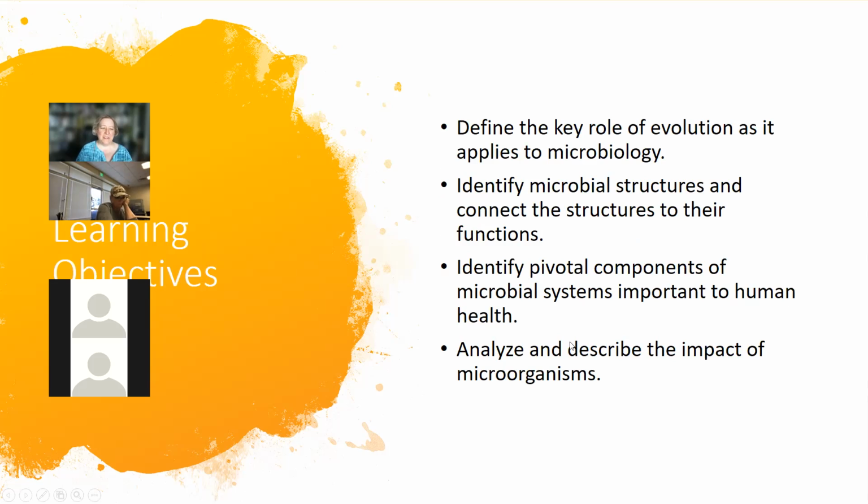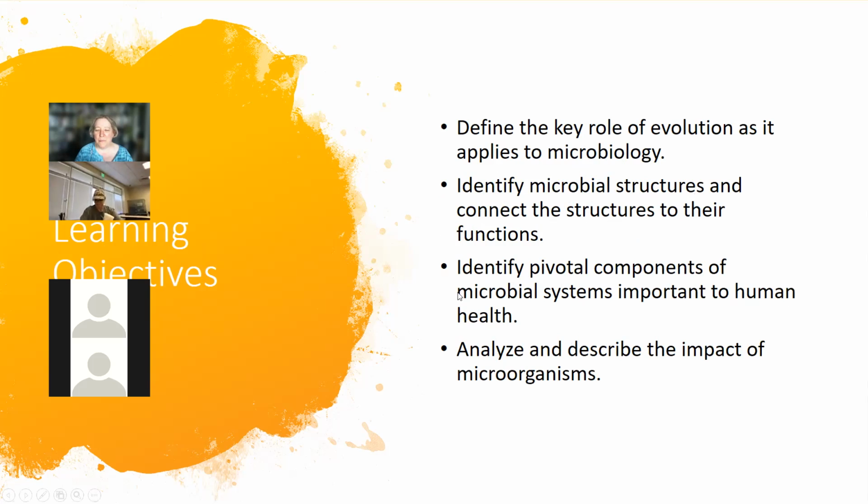Okay, first off, this chapter helps us meet the following learning objectives. Being able to define the key role of evolution as it applies to microbiology. Being able to identify microbial structures and connect the structures to their functions. Specifically today, we're going to be talking about host cell structures, but that still counts.